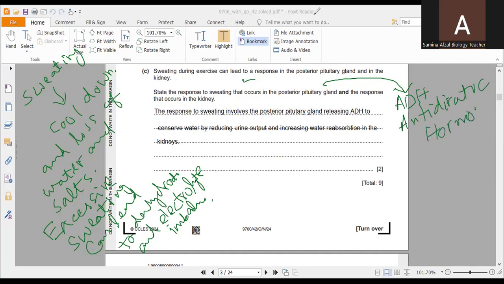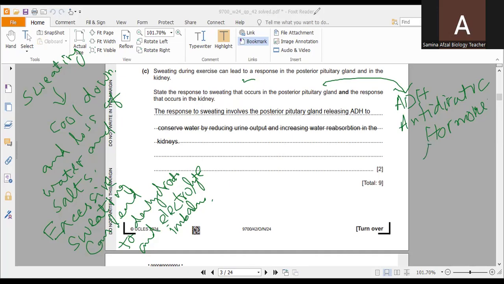When the body is dehydrating, the body can have serious issues. So what happens when there is low water potential inside the body? This antidiuretic hormone is secreted by the pituitary gland.